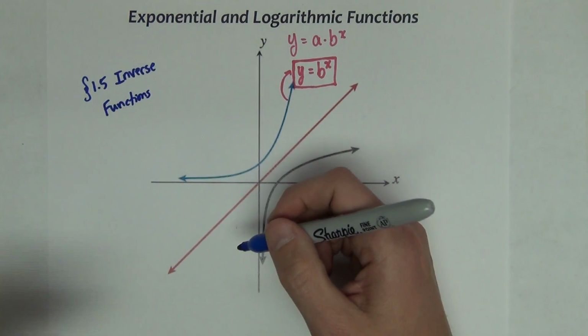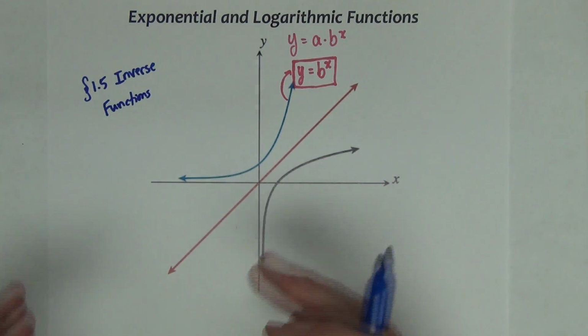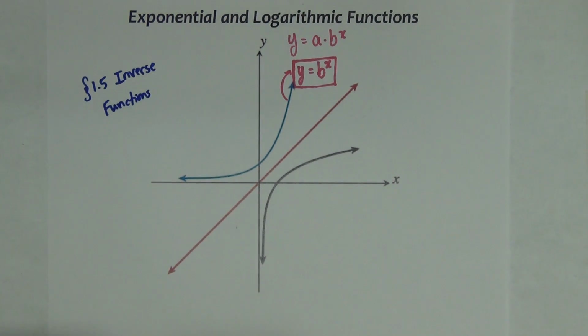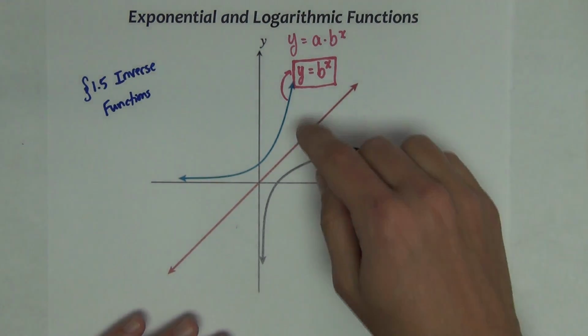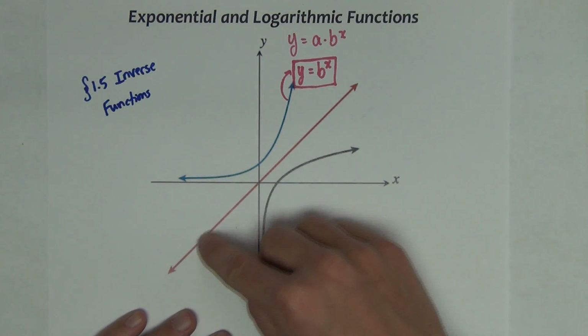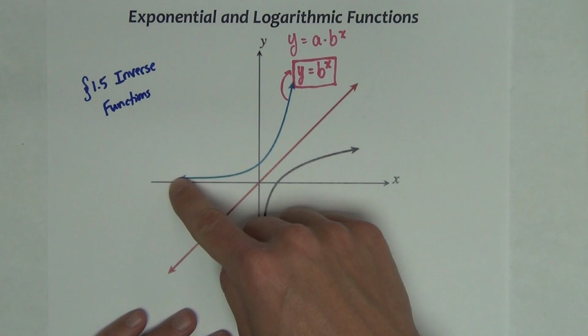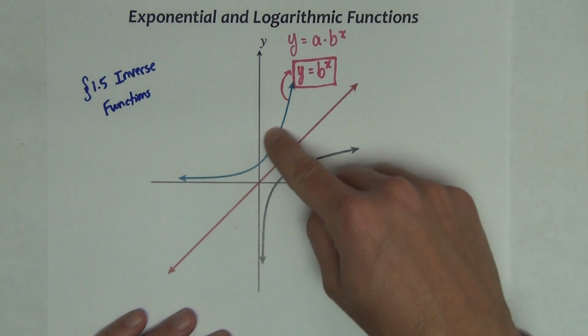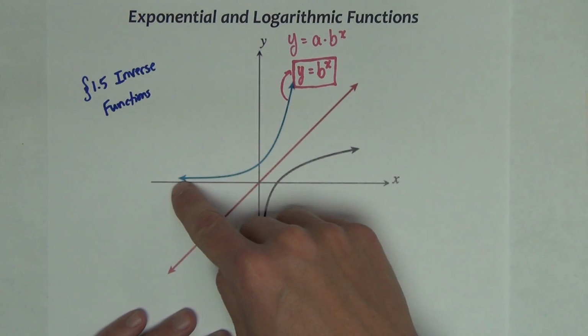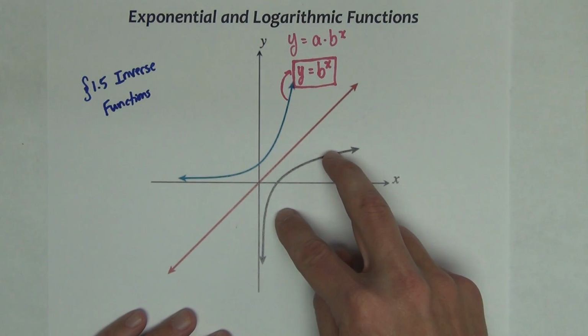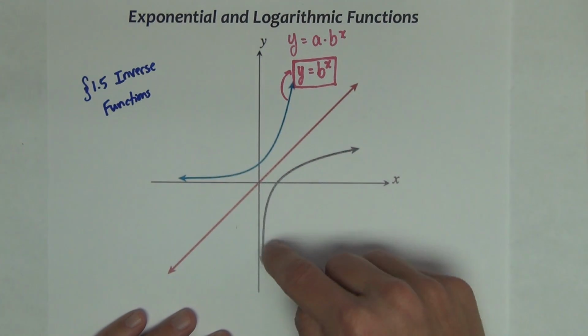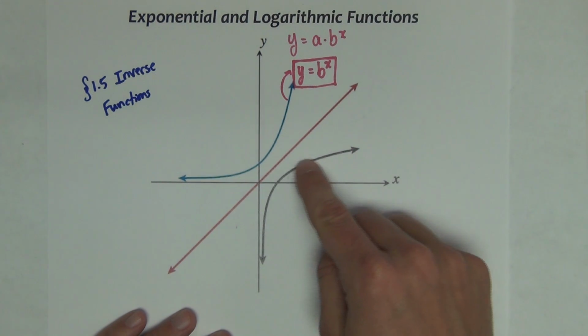And we've said that inverse functions have a unique visual property among their graphs, in that they are reflections about the line y equals x. And so what I've done is I've taken this exponential curve, y equals b raised to the x, and I've reflected it over this line. And when I reflect it over this line, we get this graph.